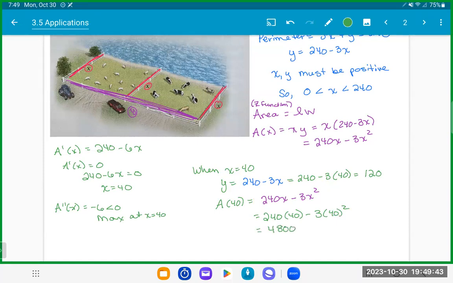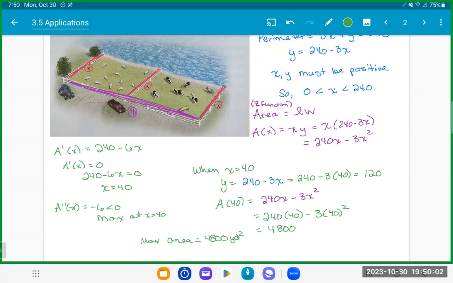Okay. Therefore, we have a maximum area of 4,800 yards squared. So max area equals 4,800 yards squared. Okay.